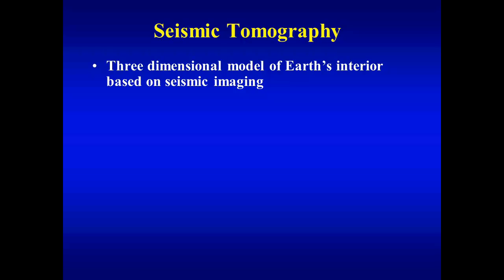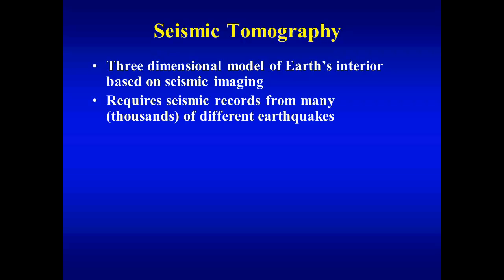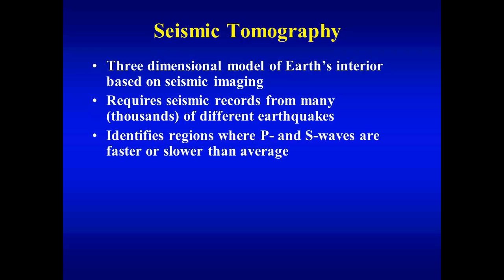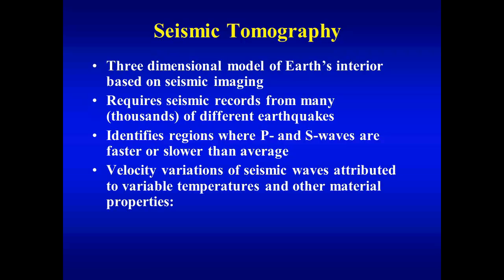Seismic tomography is a three-dimensional model of Earth's interior based on seismic imaging, and requires seismic records from many thousands of different earthquakes from around the world. Basically, seismic tomography identifies regions within Earth's interior where P and S waves are faster or slower than average.